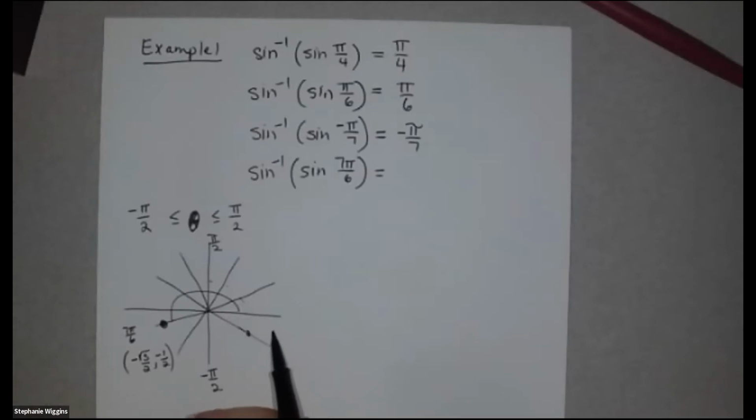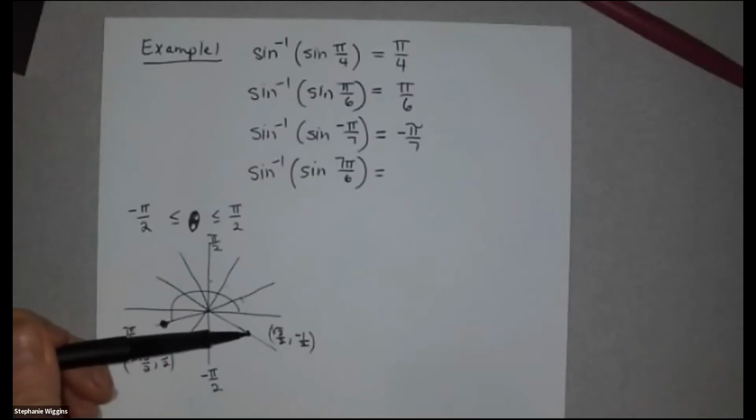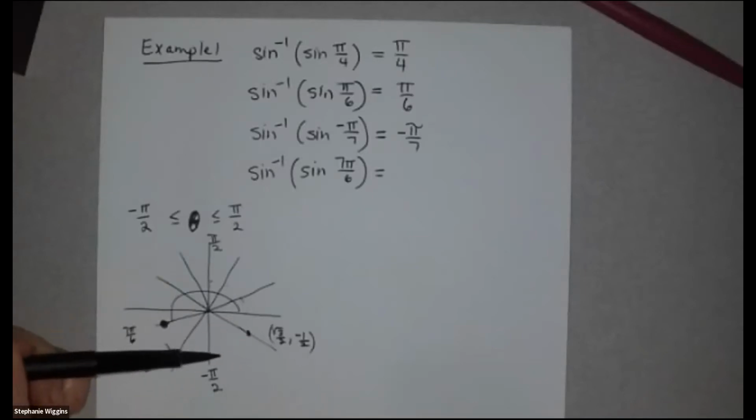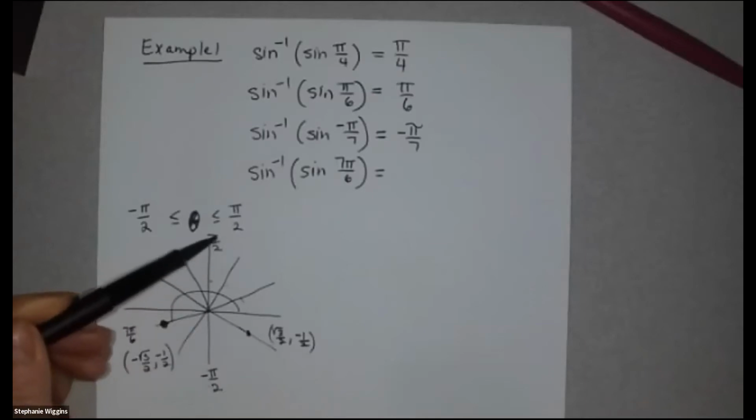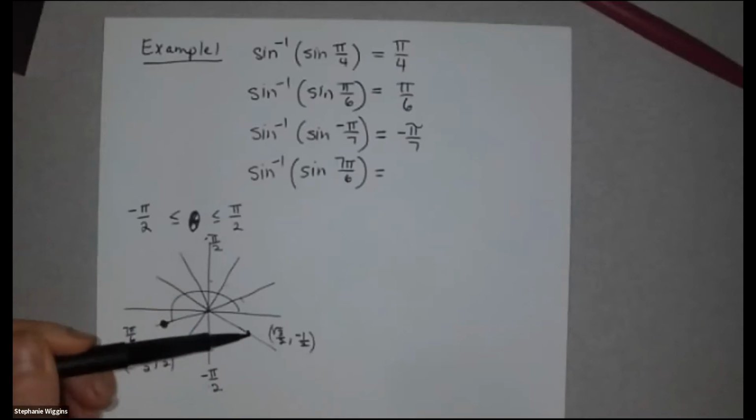sine, let's say, so we have square root of 3 over 2, negative 1/2. Remember, the sine is the y value. Over here, we have negative 1/2, and over here, we have negative 1/2. So they have the same sine value, but this one is the right choice because it's between negative pi over 2 and pi over 2. And so I want this one.